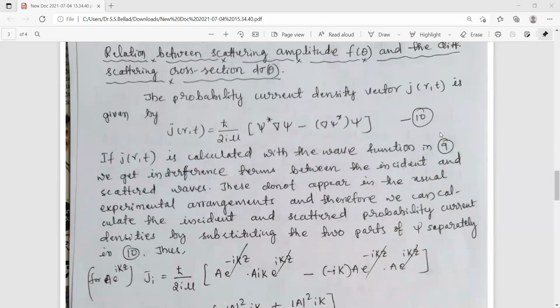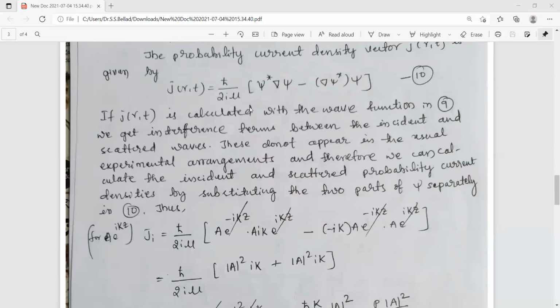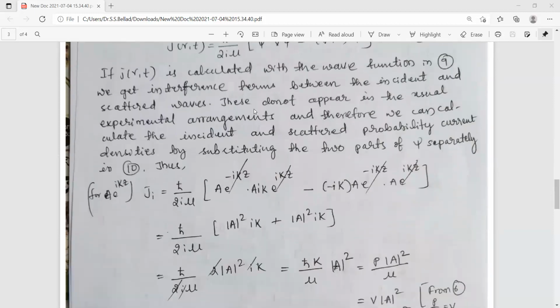This is the probability current density vector for a two particle system. If it were a single particle, we would have written only m, but here we have written mu. So this mu comes wherever you are considering a two particle system, a combined system.